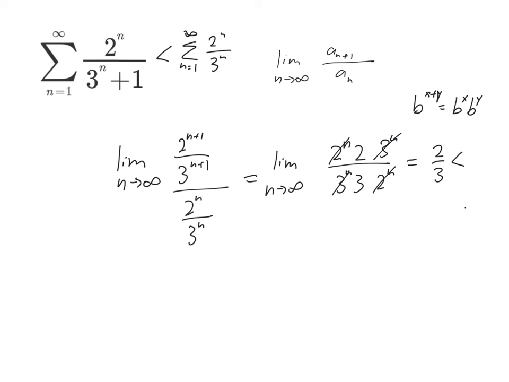Now this is less than 1. And if that's less than 1, then we know that the summation from n equals 1 to infinity of 2 to the n over 3 to the n converges by the ratio test.